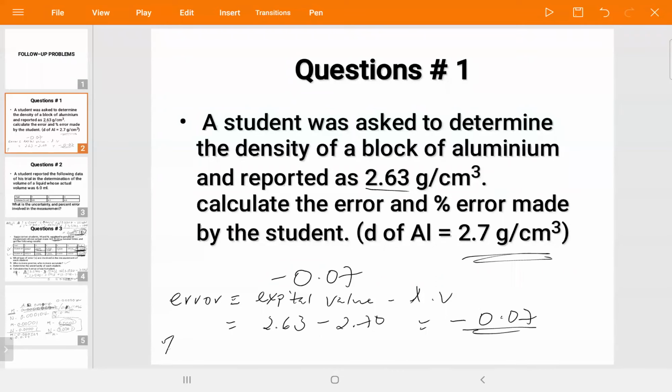Now, to calculate the percent error, all you have to do is take the absolute value of minus 0.07 over the true value, which is 2.7, times 100%. How much did you get for the percent error? 2.6%. 2.689.